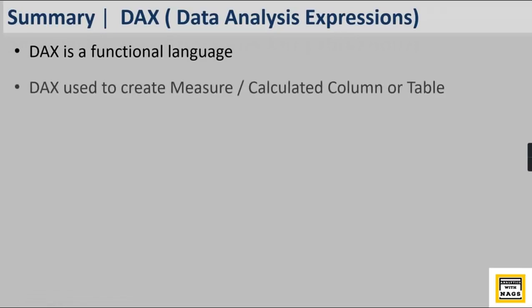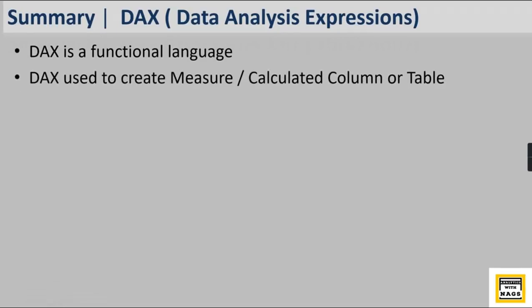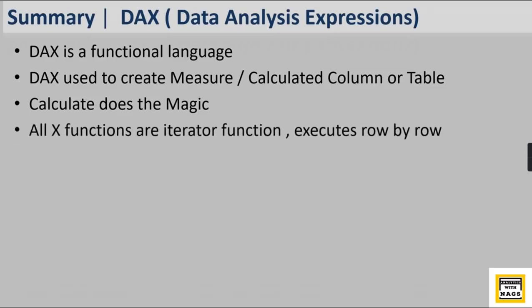So we have reached the end of the session, so let's do a summary or conclusion. DAX is a functional language, and DAX is used to create a measure, calculated column, or a table. Calculate does all the magic, because whatever you do in your calculations, you use the calculate function that will return the results. There are the X functions, which are iterator functions that execute row by row.